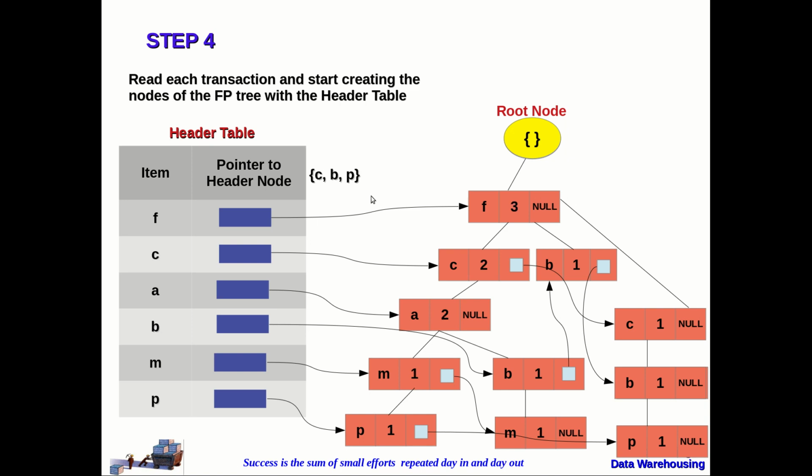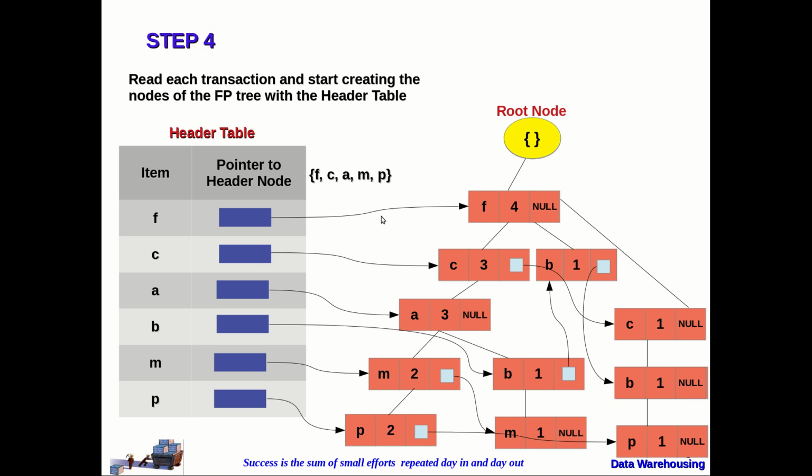Then from C we already have A. So change this A to 3. Then from A we already have M. So this M will now be changed to 2. The same way from M we have P. So this P is to be changed to 2.